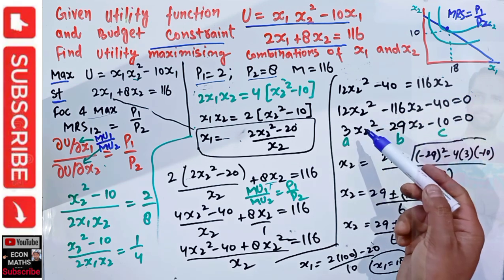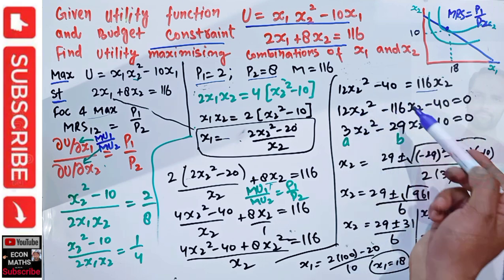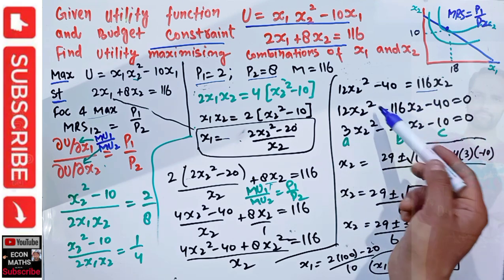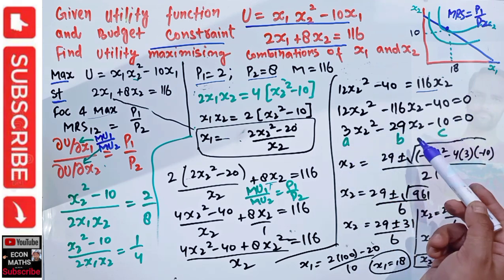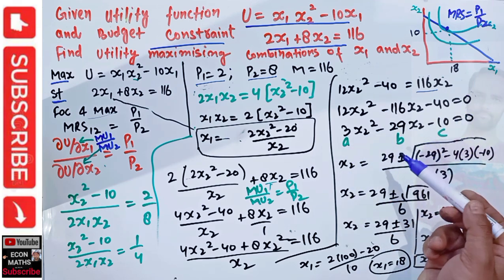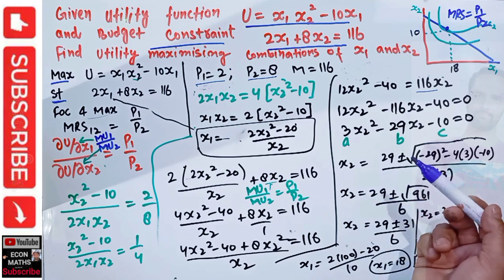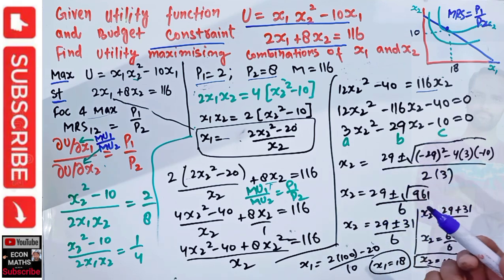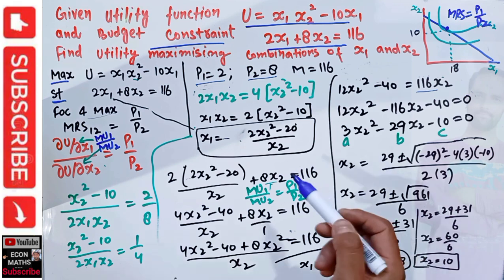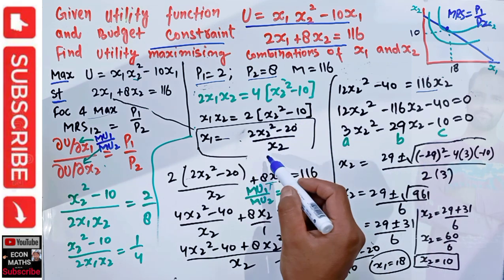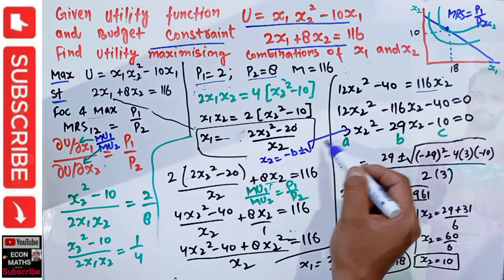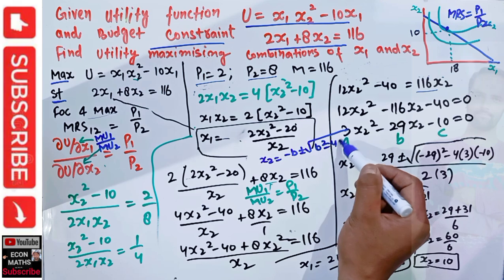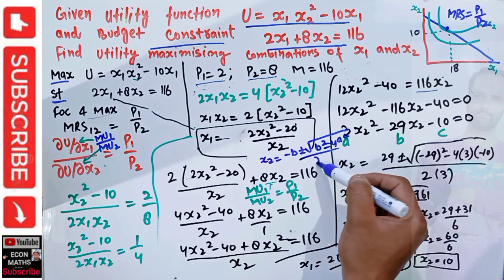Transposing this term, it becomes negative, so we have 12x2 squared minus 116x2 minus 40 = 0. This is a standard quadratic equation. Using the quadratic formula, the value of x2 is equal to minus b plus or minus the square root of b squared minus 4ac, divided by 2a.